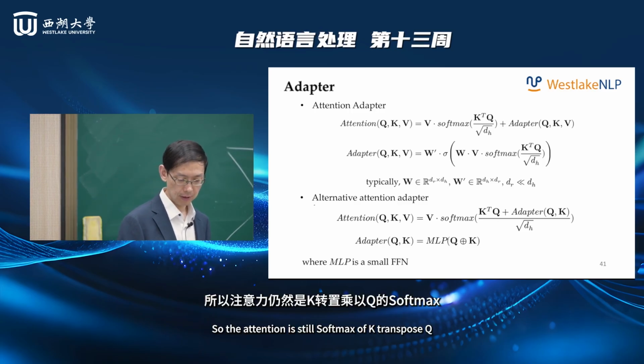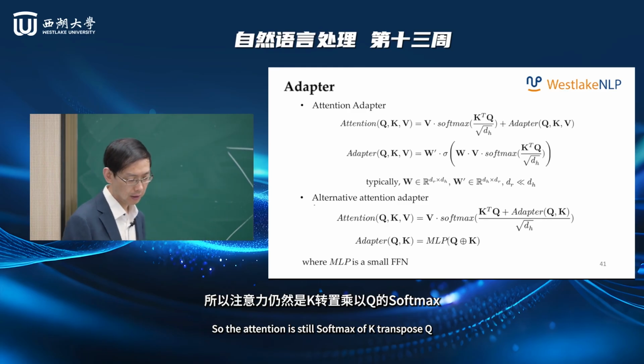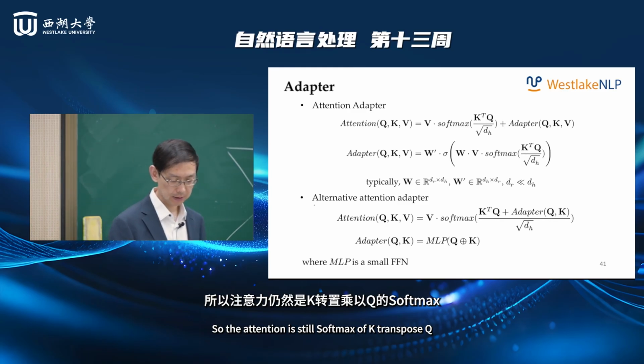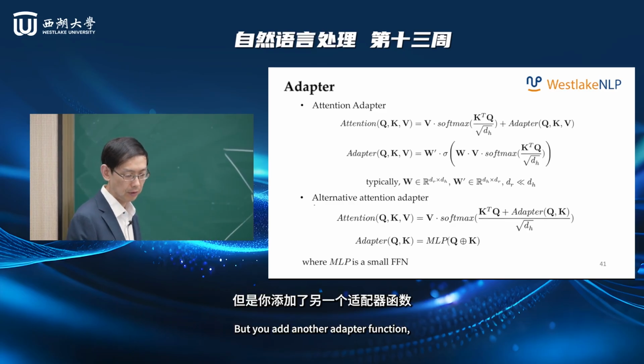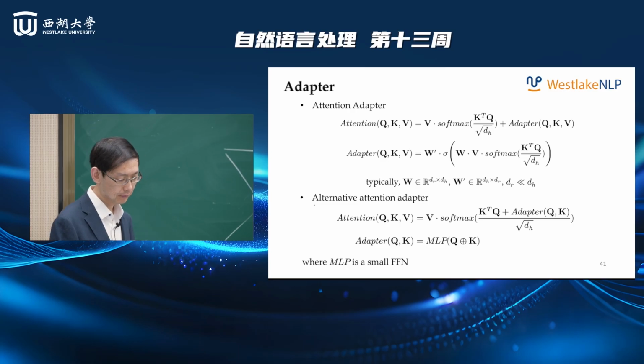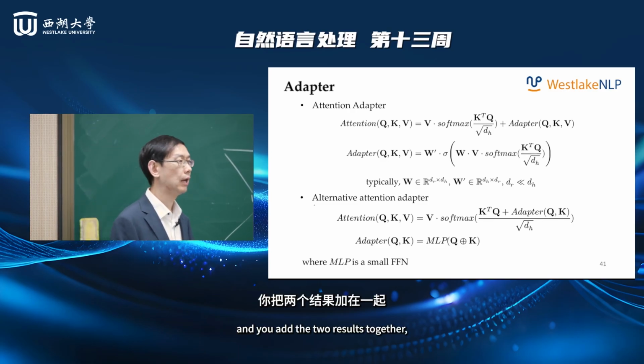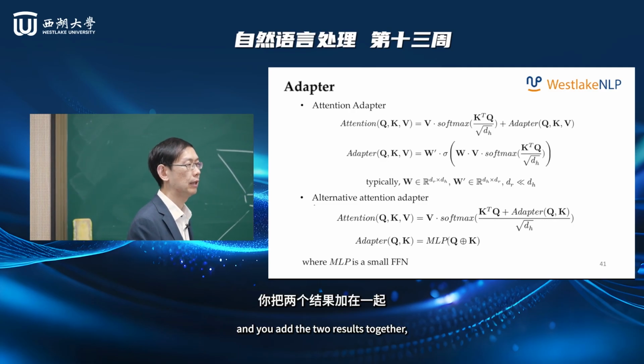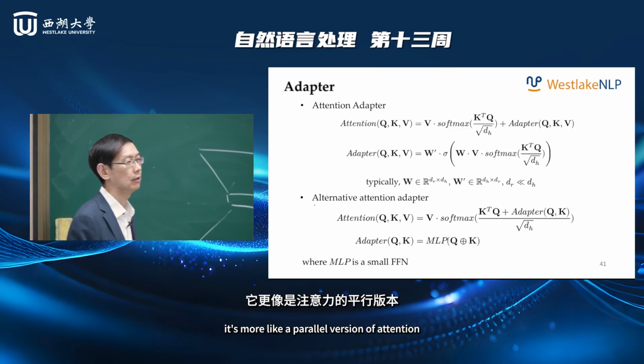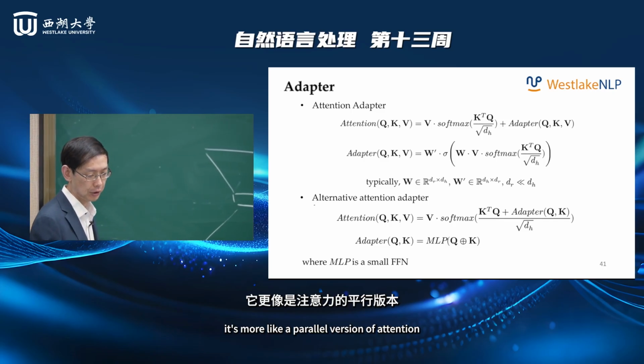So the attention is still softmax of K transpose Q, but you add another adapter function and you add the two results together. It's more like a parallel version of attention.